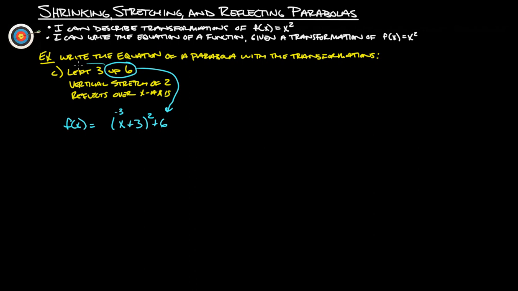So this left 3, that's where this is coming from. Now we've got a vertical stretch of 2. That's the number that goes in front here, because we're stretching by a factor of 2. And then it reflects over the x-axis, so we get a negative here. There's where our negative is from, and then this 2 is that one right there.